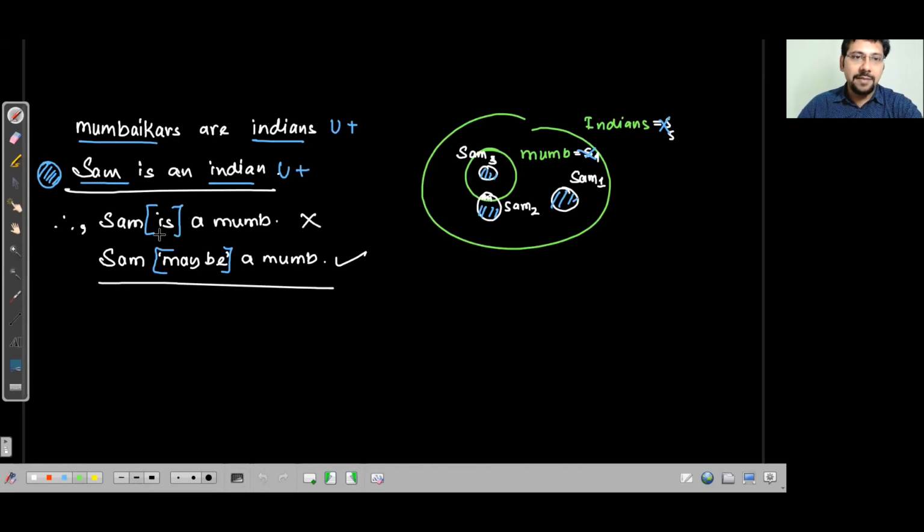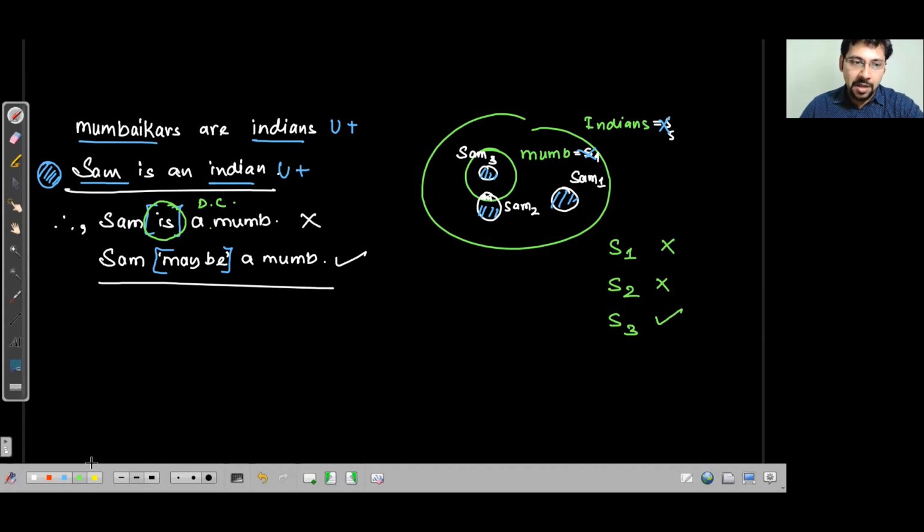Now, check. Sam is a Mumbaikar is a definite claim because you're claiming that Sam definitely is a Mumbaikar. Hence, my validity check mantra says that if this is true, it has to be true for all the possibilities. So I have Sam 1, Sam 2, Sam 3. Is Sam a Mumbaikar in Sam 1? No. In Sam 2? No. In Sam 3?